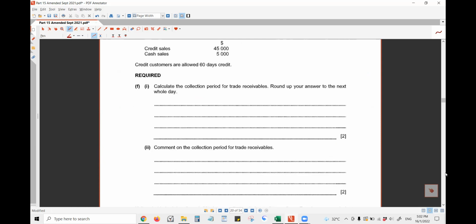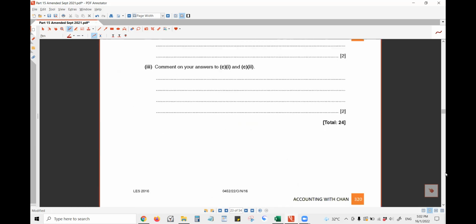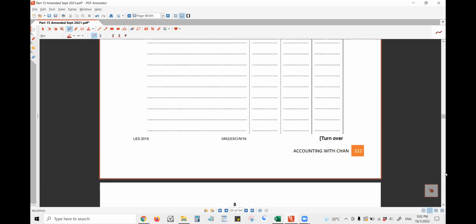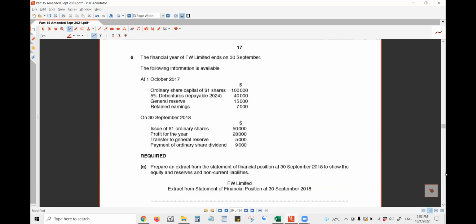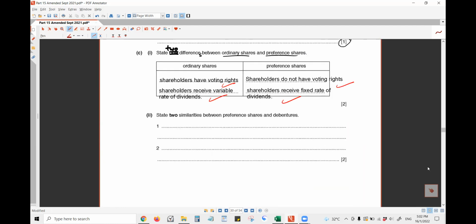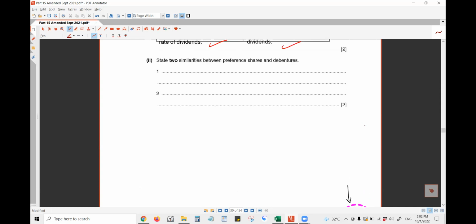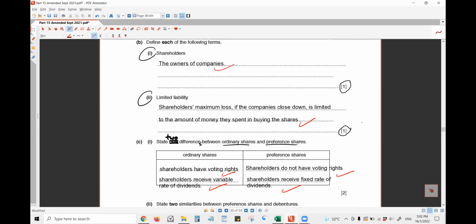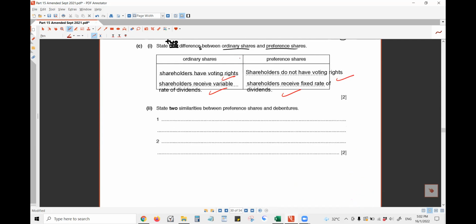Hold on, finding the question. Here, page number 327. We are now looking at question C2. Page 327, question C2.